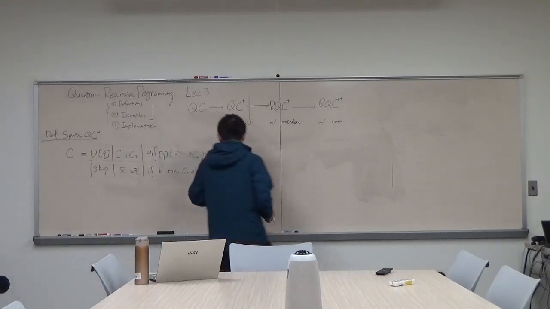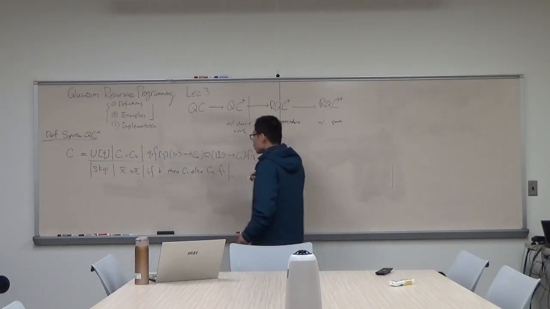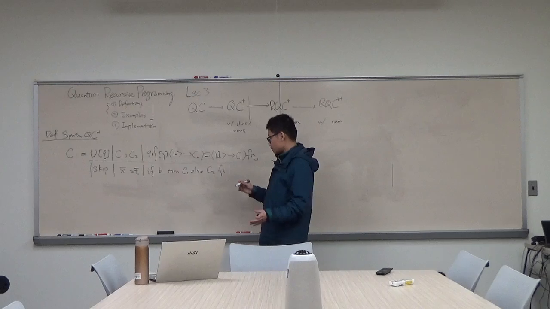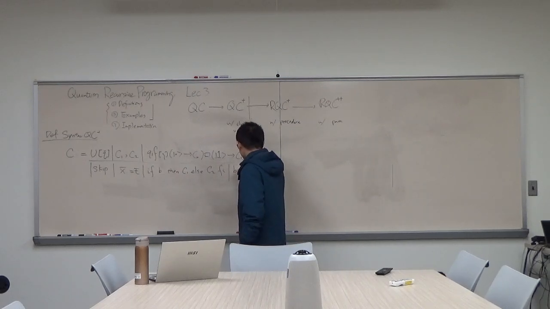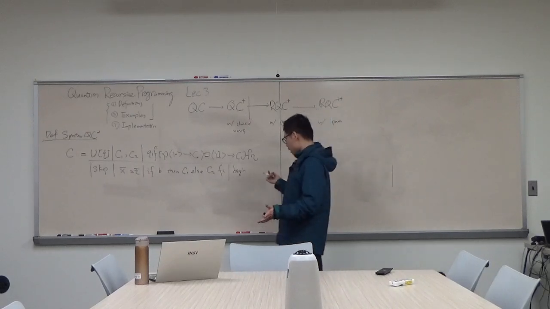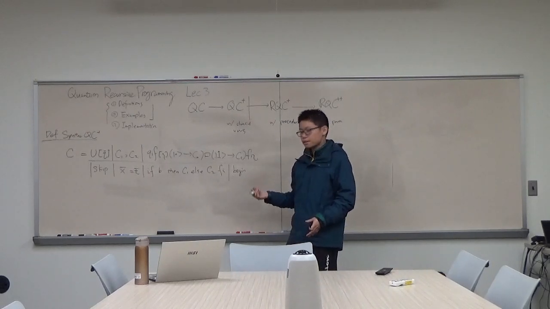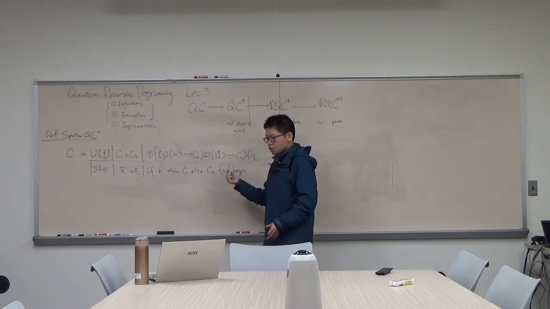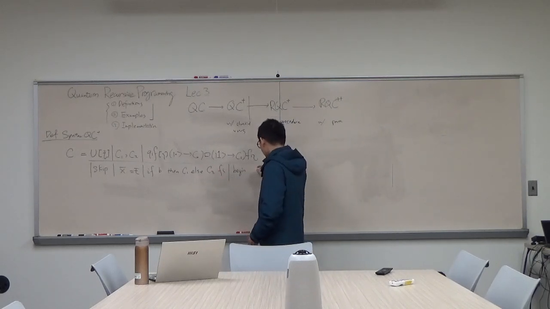And here we also have this so-called local block. So that this local block, or block statement, temporarily assigns some classical variables to some values within this block.